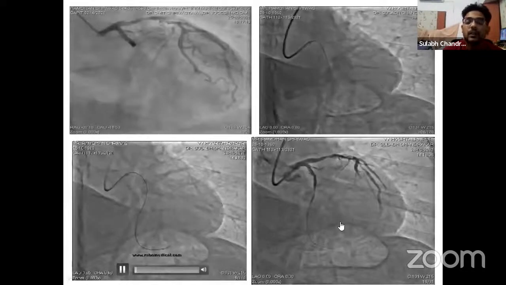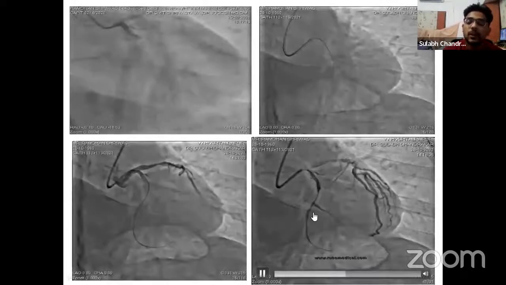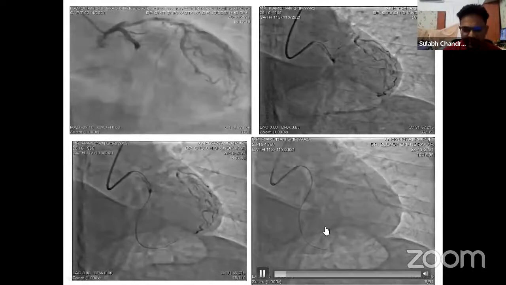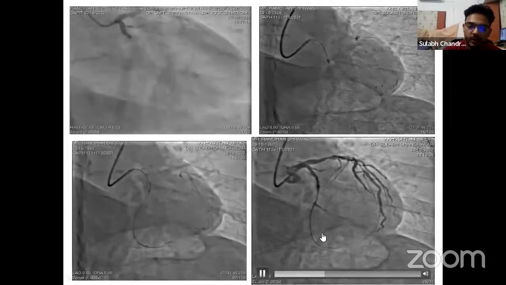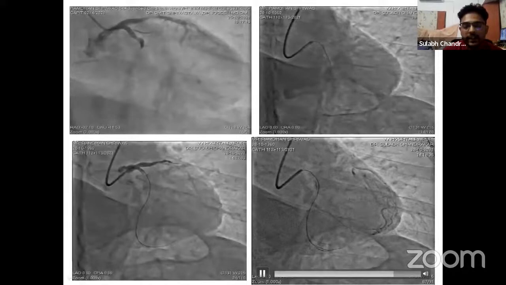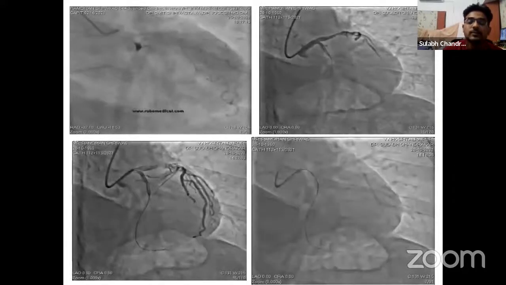After daughtering, we saw that we were in the true lumen, and there was no perforation or dissection kind of thing. So it was a true lumen, but it was a diffusely diseased LCX.